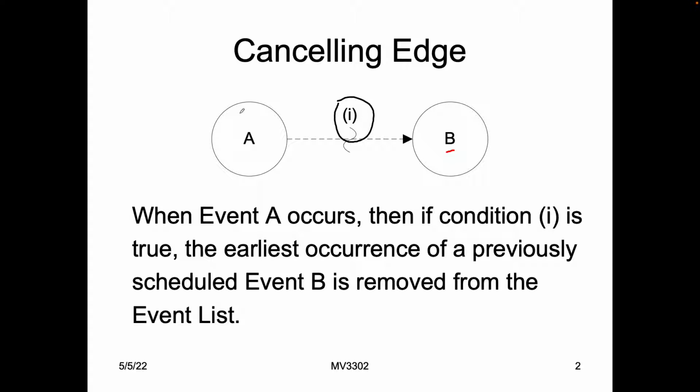So if A were the event attempt intercept, the Boolean condition was intercept successful, and B was the impact event, then you see how that would meet the situation that was described.